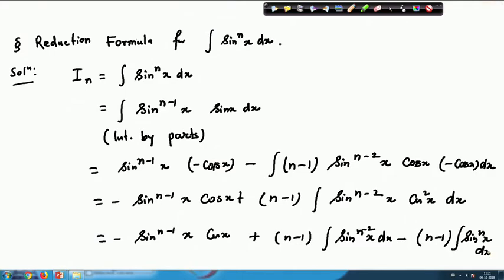Now let's go to a new page. Here this is sin n minus 2 x dx, so this is basically my I n minus 2. If I take I n minus 2, then this will be basically the integral of sin n minus 2 x dx. So this is our I n minus 2, and this is again our I n. So I will bring I n on the left hand side.